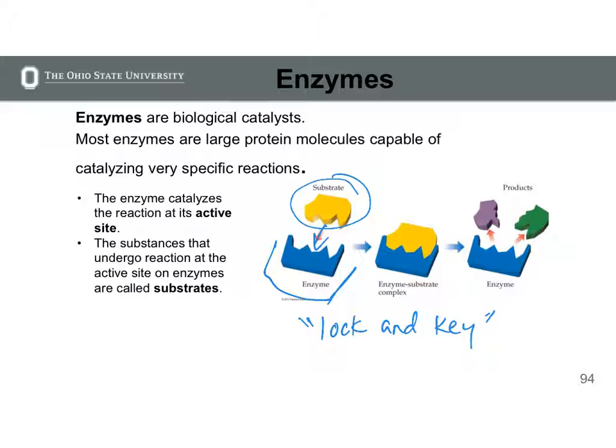It's going to hold them there. We call it lock and key because the shapes are such that only those types of reactants will fit. When the enzyme and the reactants combine, it forms the enzyme substrate complex, and then as the reaction proceeds, products are formed.